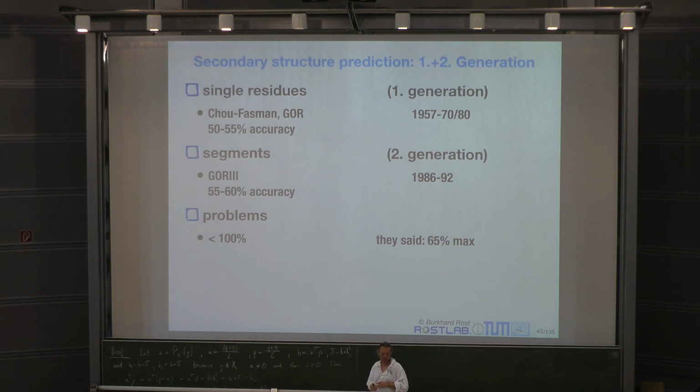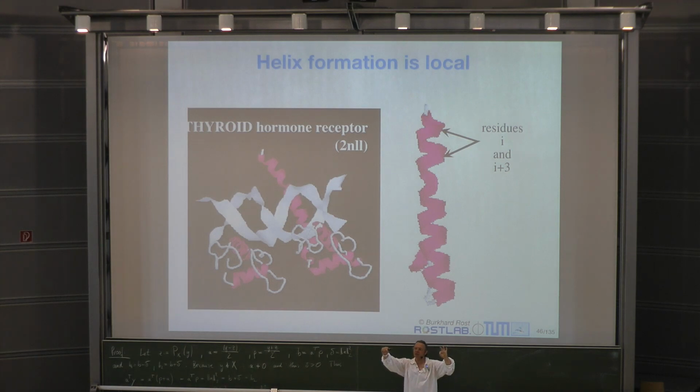But here's a different story. What I say on this slide here is, they said in those days, methods cannot be 100%, the limit is 65, and the argument was that essentially when we look at a window of consecutive residues, we do not see all the global information.